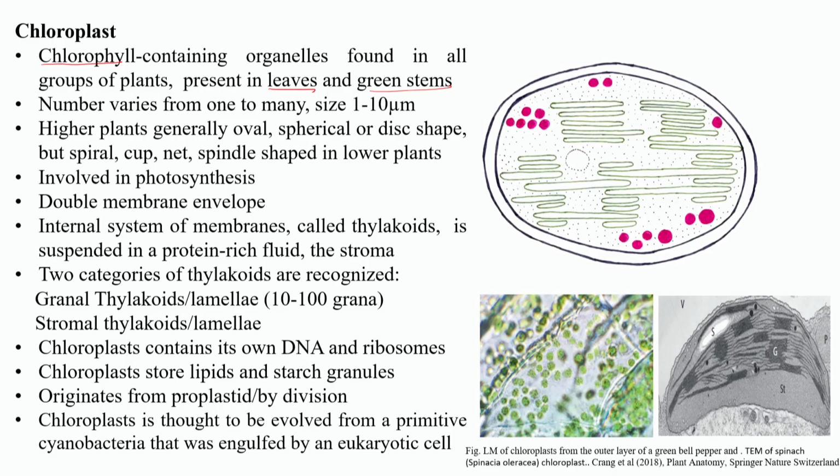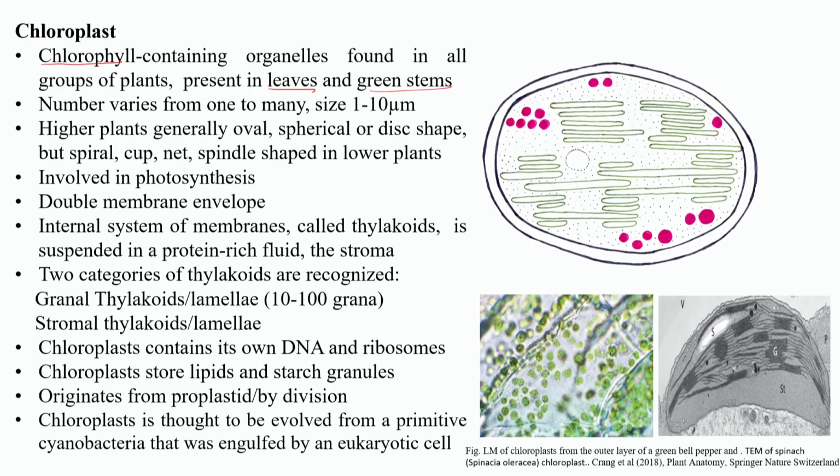The number of chloroplasts can vary from one to many, depending on the activity of the plant, and their size is also variable, about 1 to 10 micrometers. So it is a relatively bigger organelle because it is visible under a microscope. The shape of this plastid is basically spherical, oval or disc shape in higher plants.